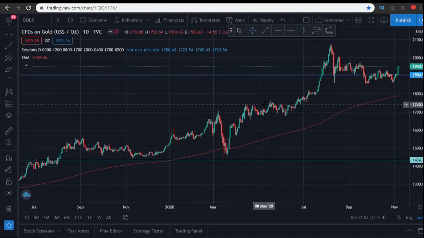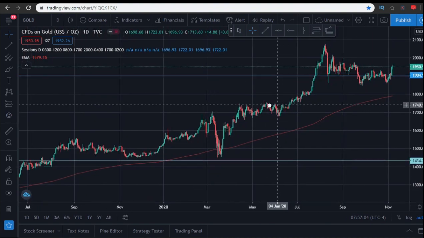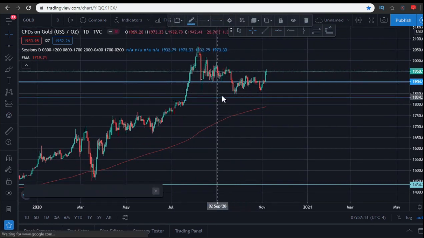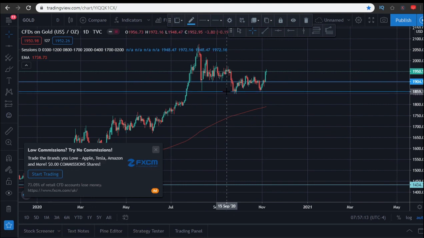That's because you'll have fewer areas to mark up, but they'll be more significant areas. For example, there on the daily, that's a very good support.